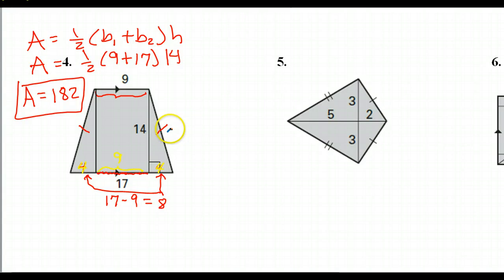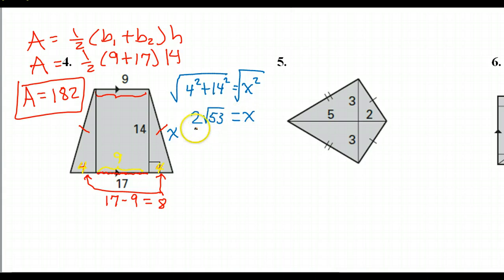Alright, it is time to do the Pythagorean theorem again, using 4 and 14. So this is going to be 4 squared plus 14 squared is equal to x squared. If I take the square root of both sides, that's going to give me x equals 2 radical 53.